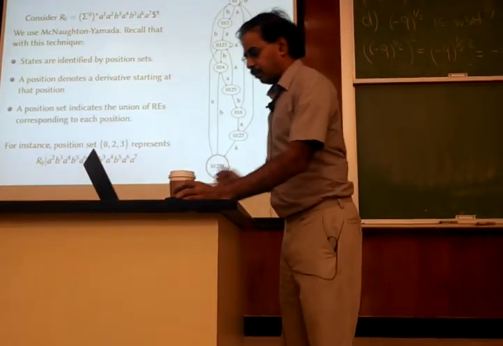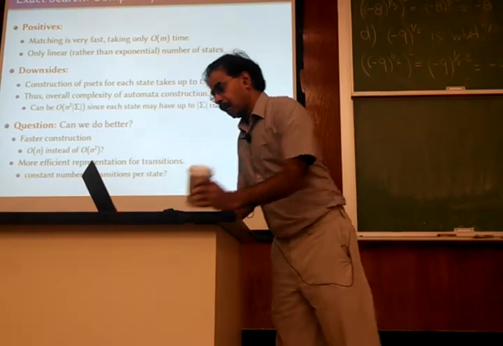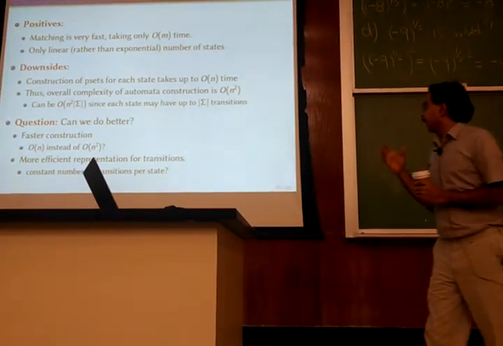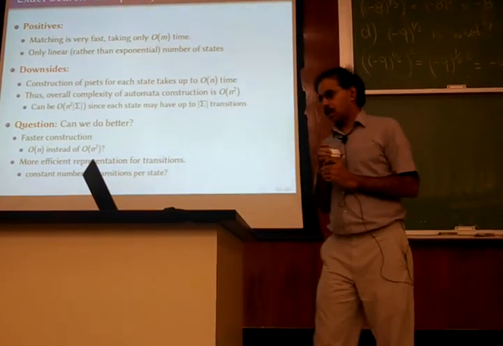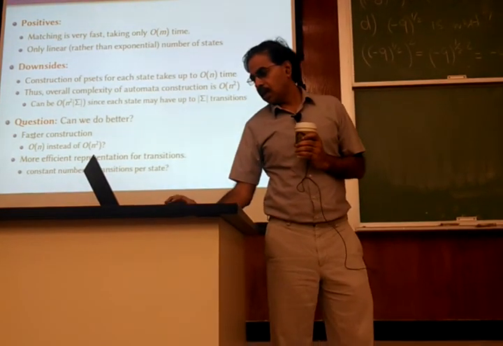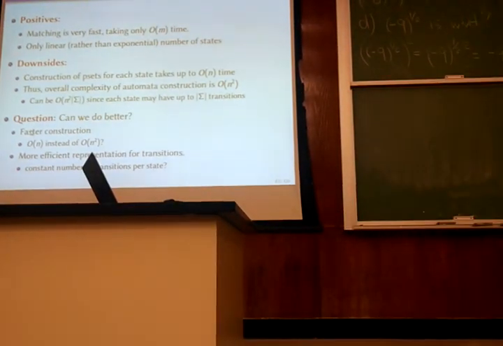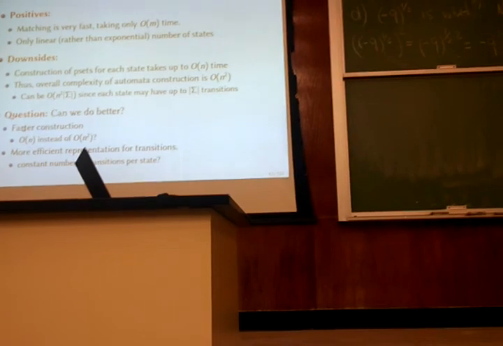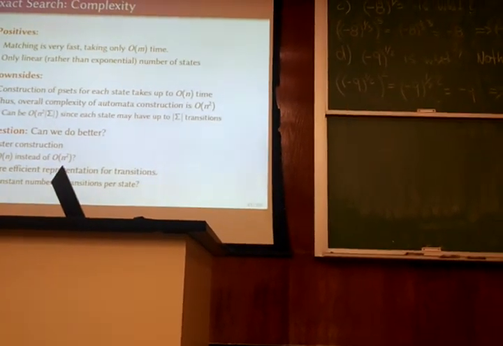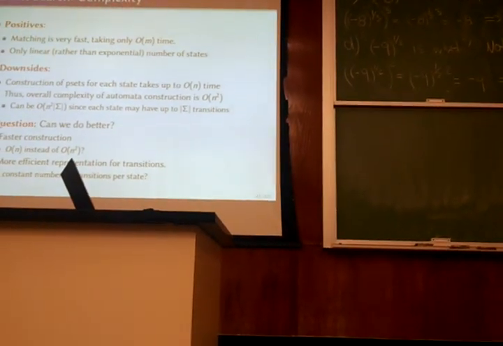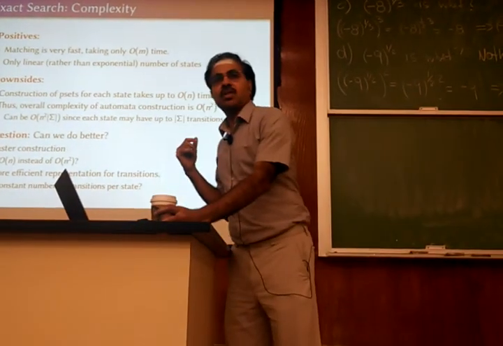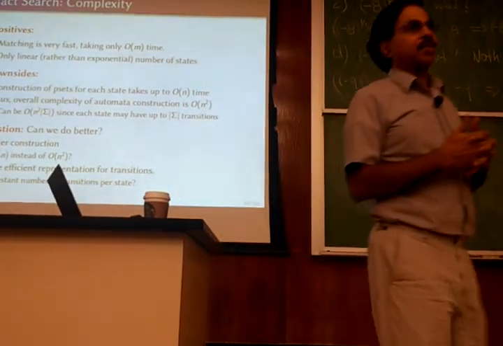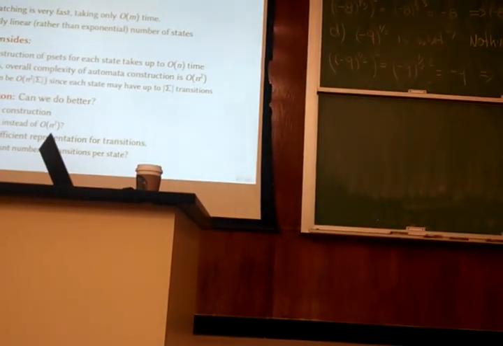So we would like to see if that can be improved. Okay, and that's exactly what we are going to do. How do we improve the size? We would also secondarily look for improvements to the way we represent transitions. So we said that transitions in general you need to use hash tables and so on, which is not that efficient.